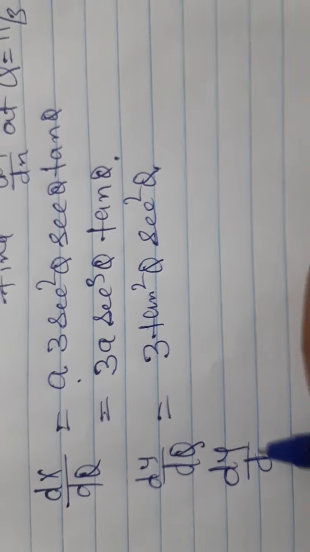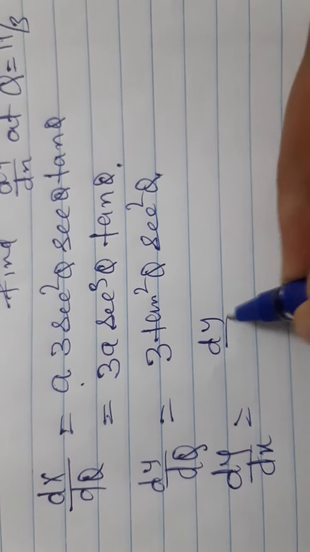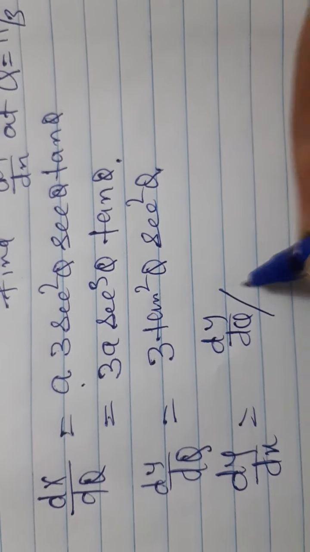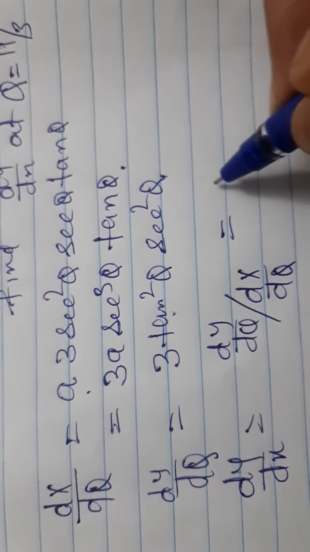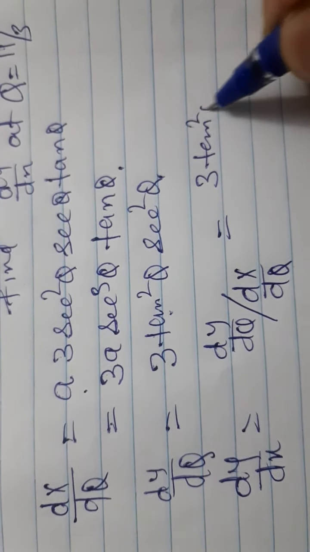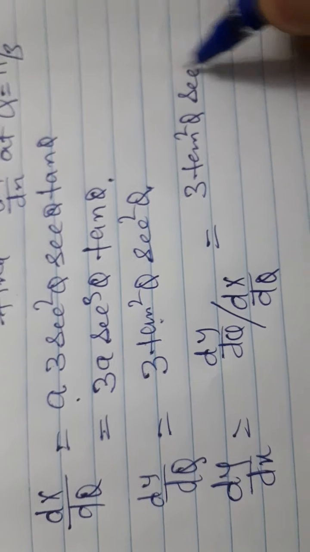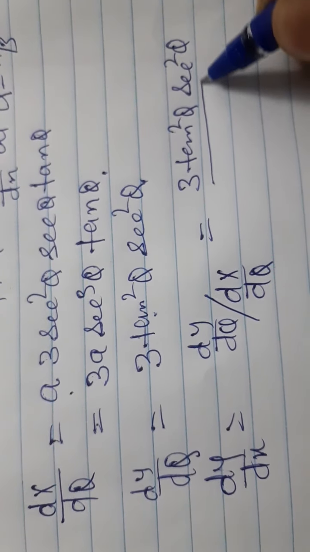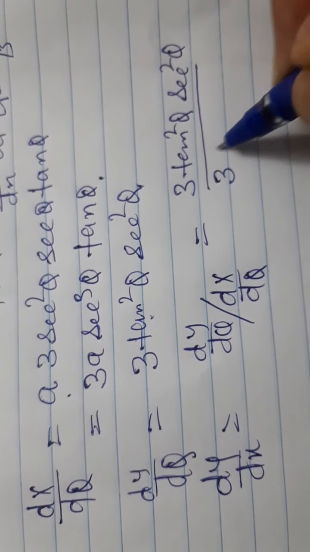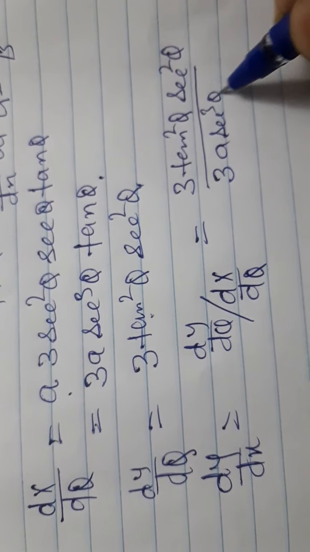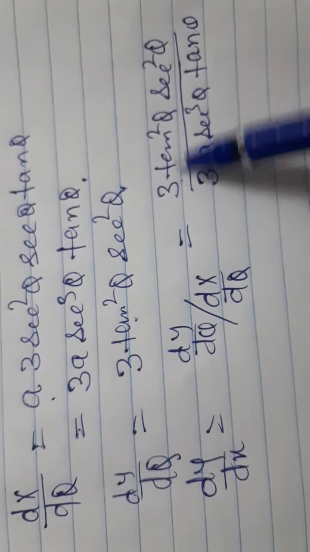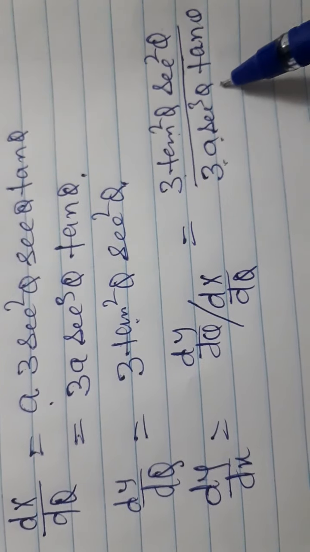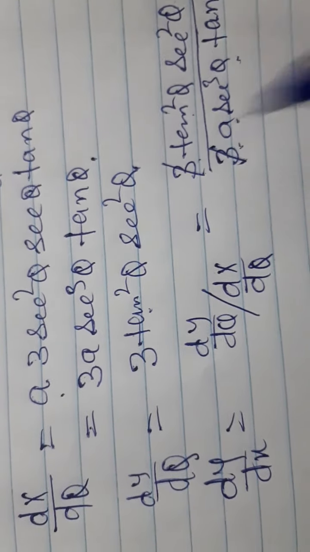So what is dy/dx? dy/dx equal to dy/d theta whole upon dx/d theta. That is 3 tan square theta secant square theta upon 3a sec cube theta tan theta. 3 tan square theta can be cancelled.